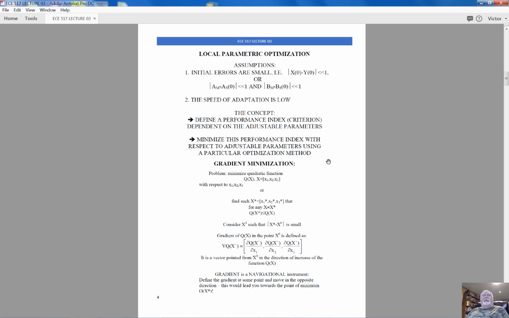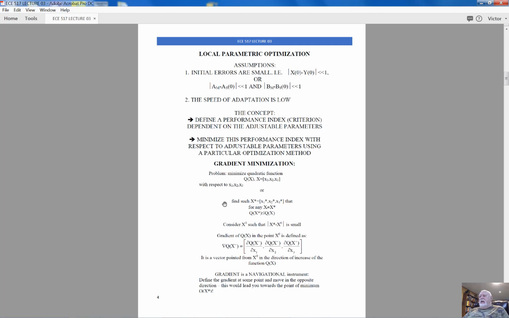Some of you may be familiar with gradient minimization. Some of you will hear about it for the first time, but the story is this. Let's assume that we want to minimize some quadratic function q. It depends on vector x, and in my example, x has three components, x1, x2, and x3.